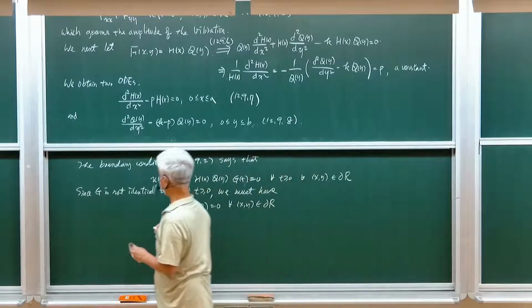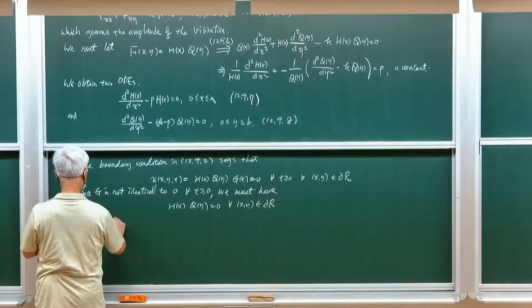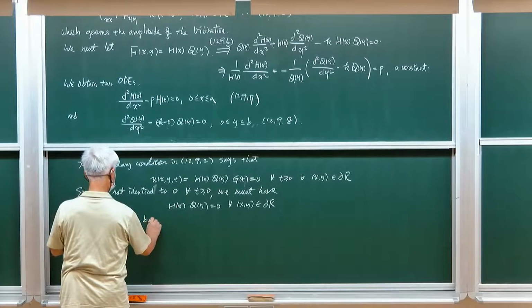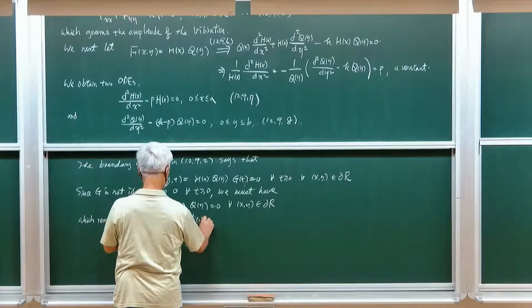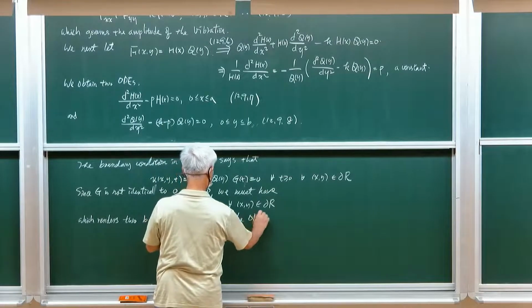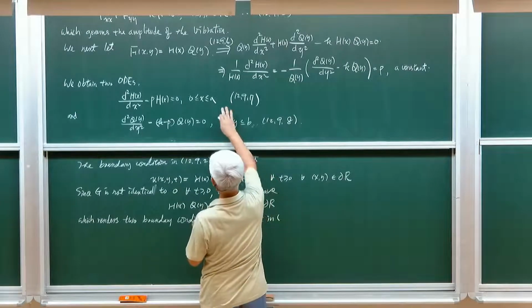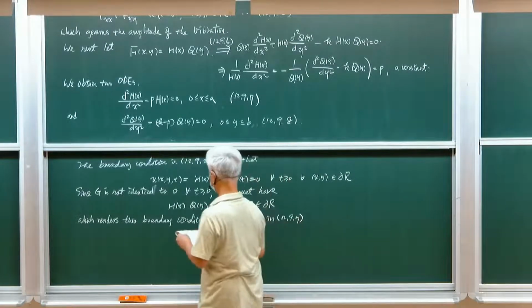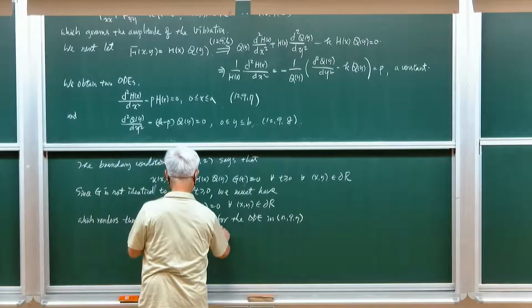So this equation renders two boundary conditions for the ODE in 12.9.7, which says that h(0) is 0 and h(a) is 0.